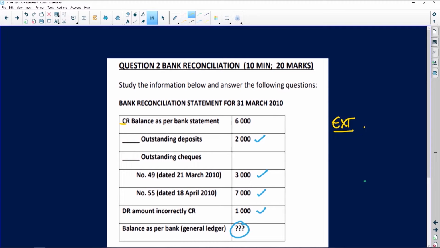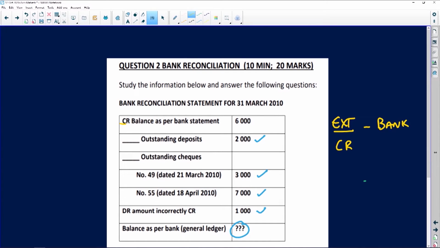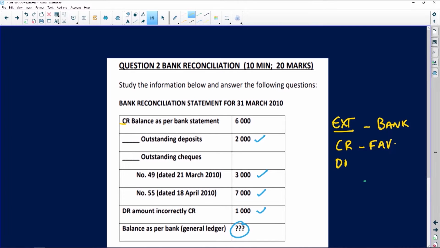Obviously it is prepared by the bank, and their books are generally the opposite of our books. So in our records, debit is favorable, but in their records, credit is favorable. Remember, they see us as debtors. Sometimes they also see us as creditors if there is an overdraft. So in their records, credit is favorable and debit is clearly unfavorable. In other words, an overdraft.